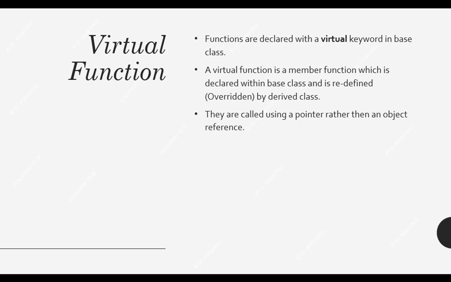Till now we were dealing with non-virtual functions, which are the normal functions, and normal functions, as you all know, can easily be called using the dot operator. But this is not the case with virtual functions. These are some special type of functions which are going to be called using a pointer.